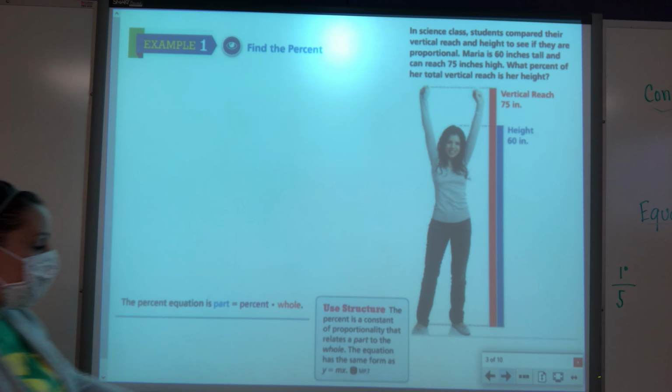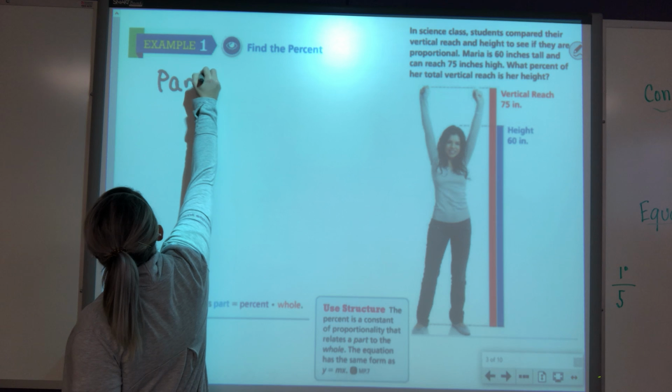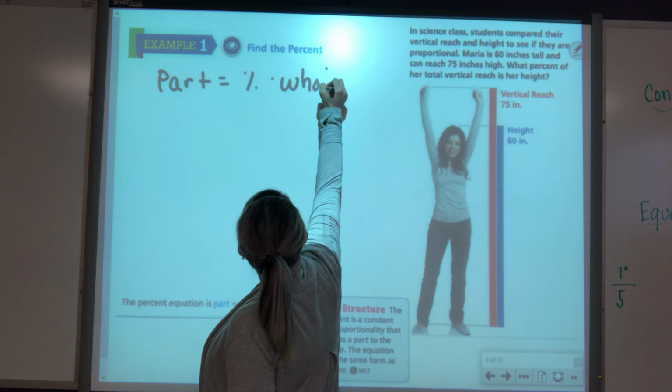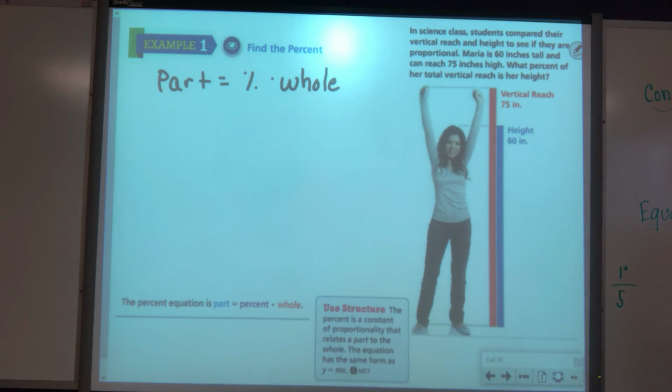So if we're going to use our percent equation, we're going to say that part is equal to the percent times the whole.